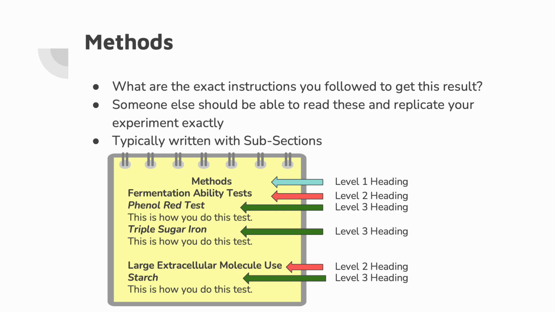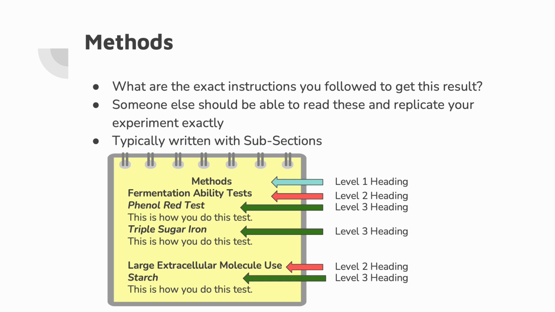So your abstract, introduction, methods, results, and discussion and references should all be words that are centered, bold, just like this methods. They should all look like that. They're all going to be the same size font as everything else, but they're going to be centered and bold. That's a level 1 heading.